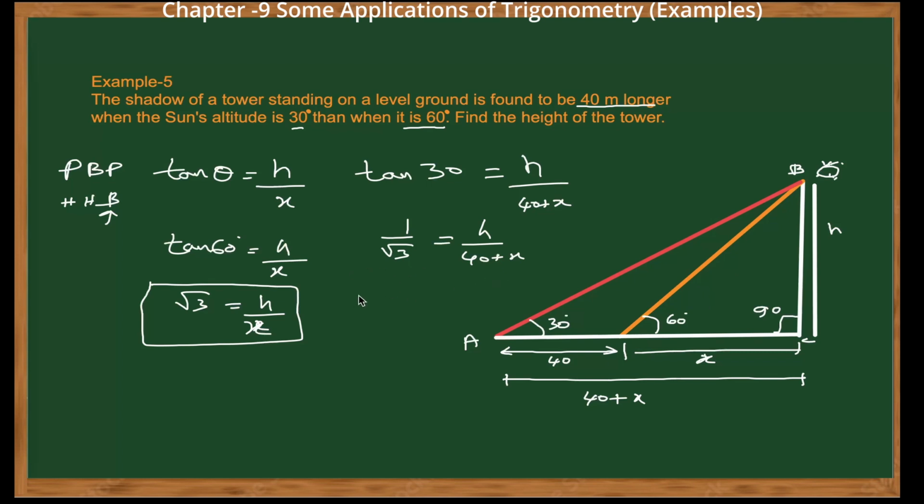Let's cross multiply. 40 plus x is equal to h root 3. So what is the value of x here? x is equal to root 3 h minus 40.